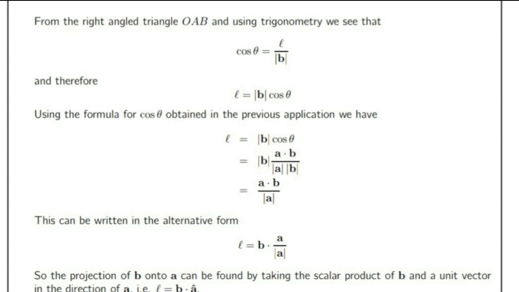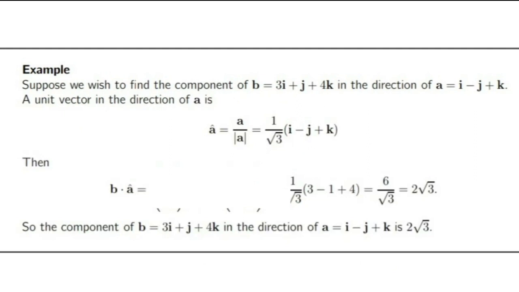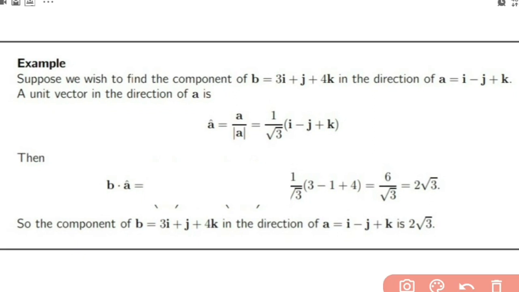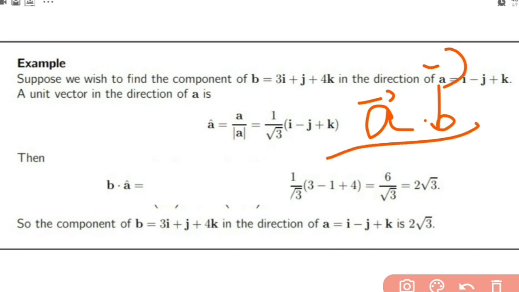So using this, we will discuss one example. We have vector B equal to 3i plus j plus 4k and vector A is equal to i minus j plus k. So to find that projection, we can use that expression, that is vector A dot vector B divided by A, that is the component.